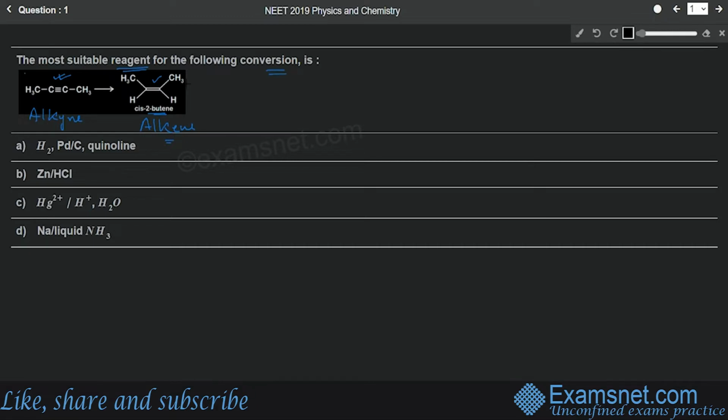Okay, so let's write it down here. Alkynes on partial reduction with calculated amount of dihydrogen, that means H2, in the presence of palladized charcoal that will be partially deactivated with some poisons.